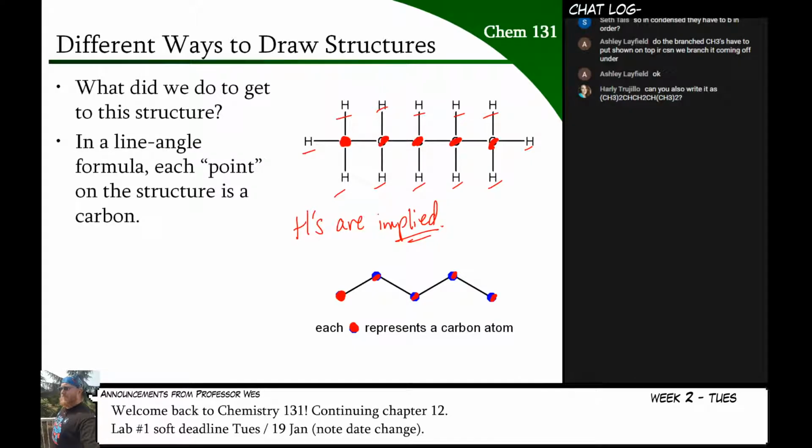What that means is that if I don't have an octet around an atom based on what I have drawn and shown, the remaining bonds that are not drawn must be H. So for instance, this carbon right here only has 1 bond coming out of it. So there are 3 H's coming out of it too. On the other side here, I have 1 bond coming out of this carbon, so the other 3 must be H's as well.